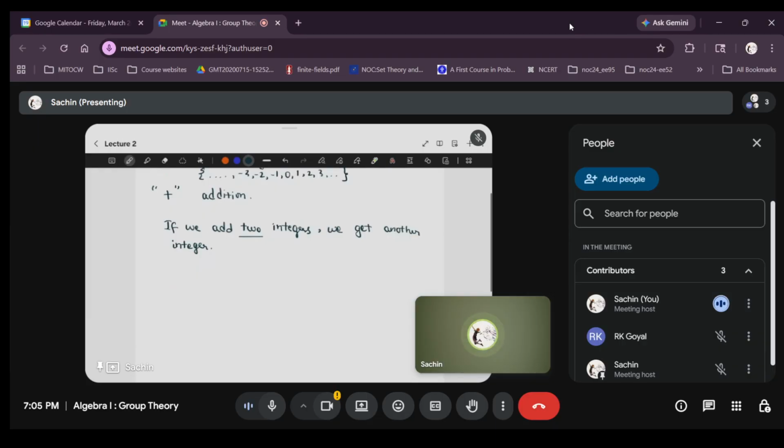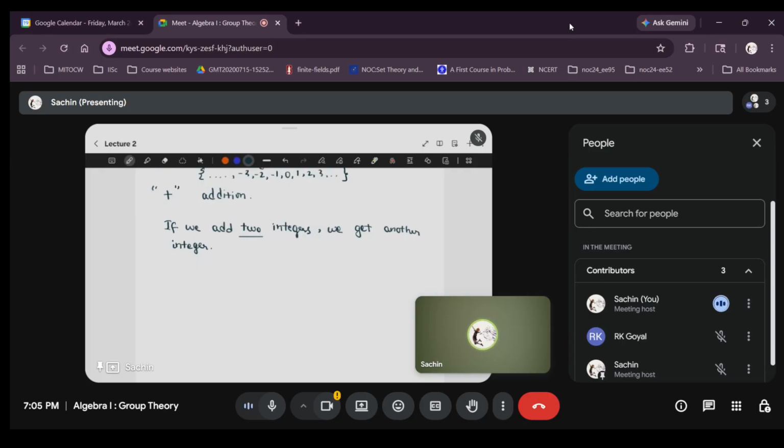So adding two integers will always give you another integer. You can't get a rational number by adding two integers, or a real number. I mean, every integer is a rational number, but it will still stay within the same set.